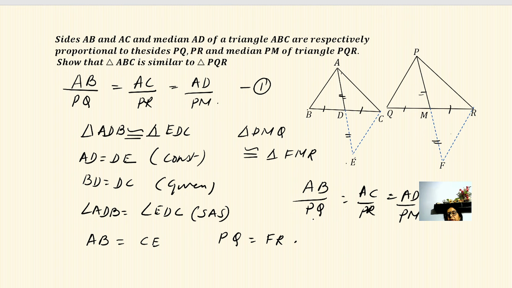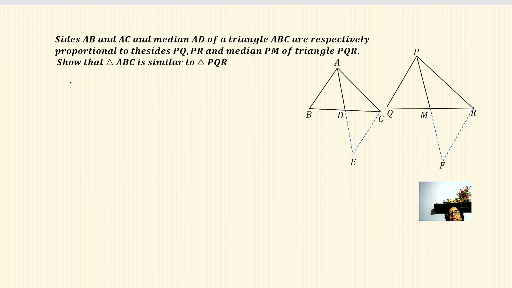So here we will replace AB by PQ with CE by FR. If we write down this relation, I'm rewriting it, CE by FR is equal to AC by PR, and it is equal to AD by PM.